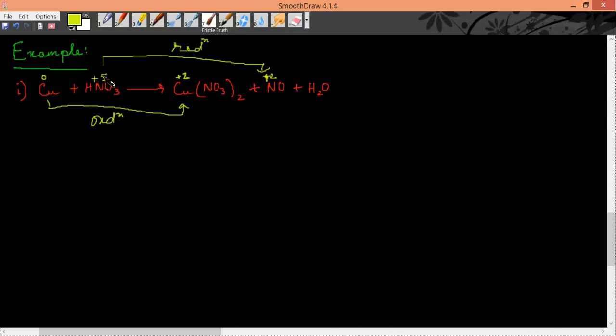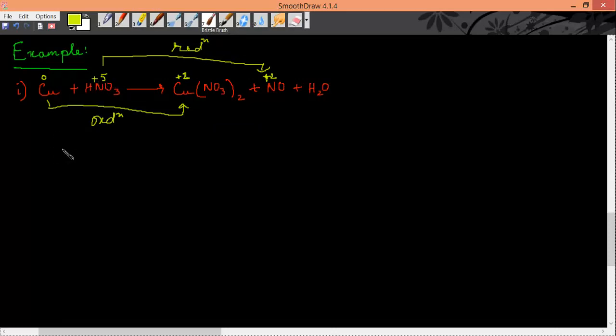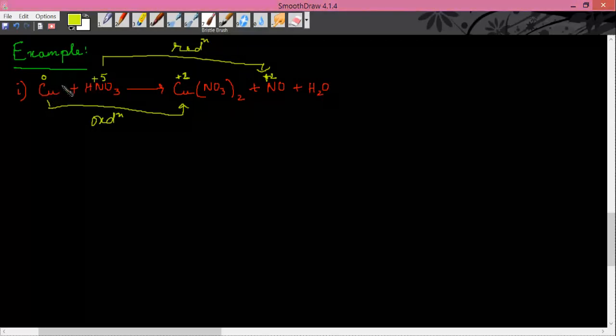In the third rule, we have to find the increase and decrease in the oxidation number of the main atoms, which are copper and nitrogen.